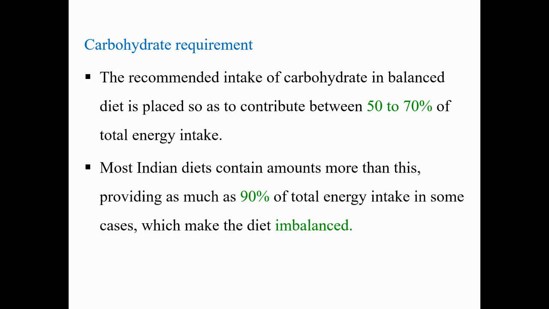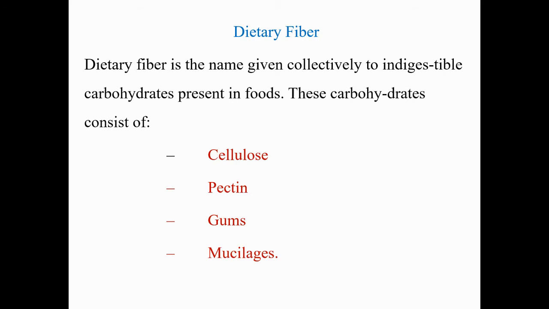Any food you take should be a balanced diet, mixed with carbohydrates, proteins, fats, and vitamins. Everything has to be mixed. If you take more carbohydrate alone, your diet will be imbalanced. This is what the slide depicts. Clear?